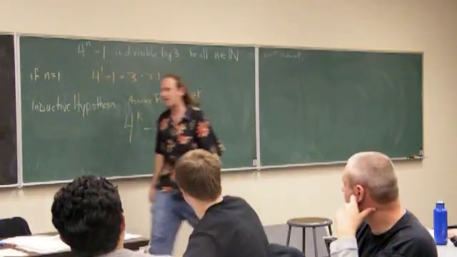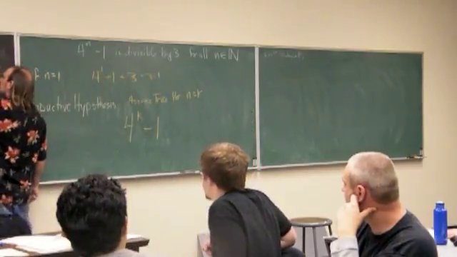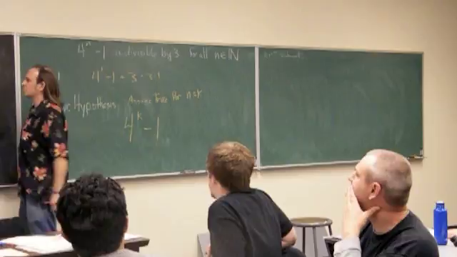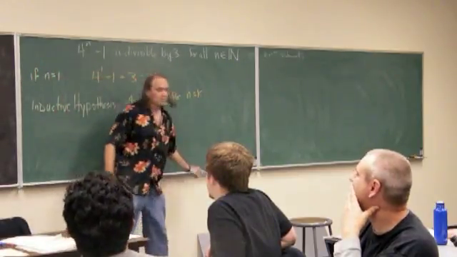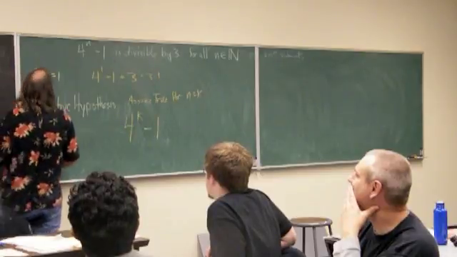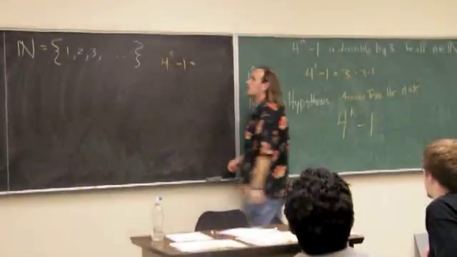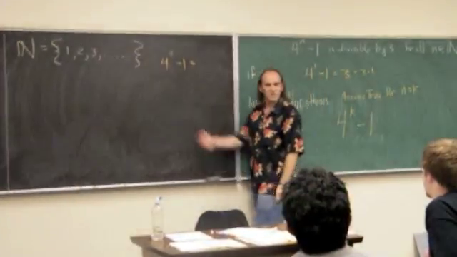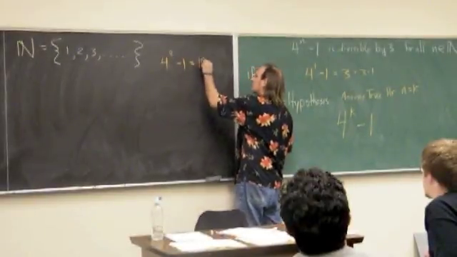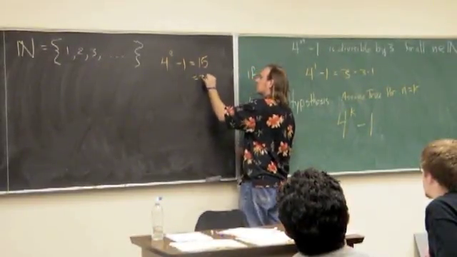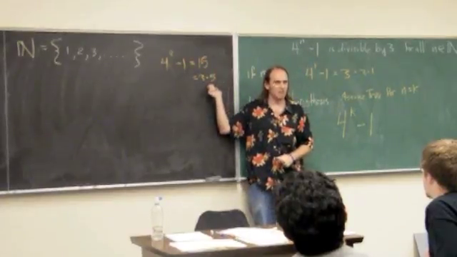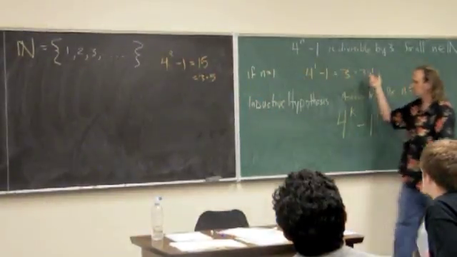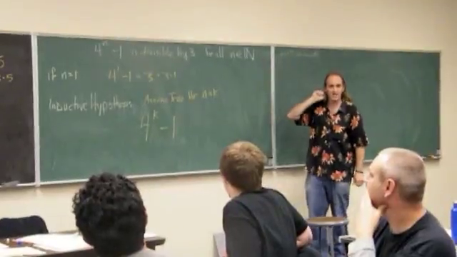Let's try a second case. Equals what? Good thing it's not 3 squared. Keep it honest here. 4 squared minus 1 is 16 minus 1, which is 15. So it won't necessarily match the k, though that was a good observation from our base case.